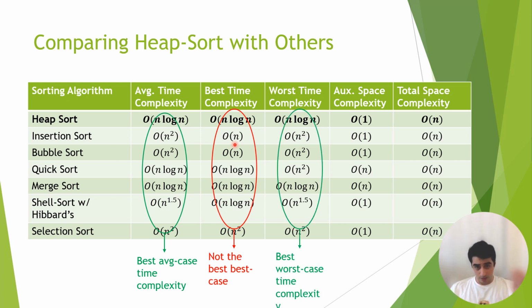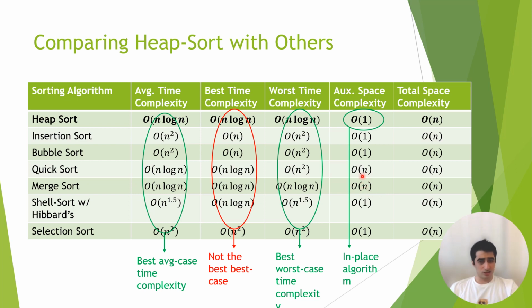If you compare the worst case scenarios, you can say heap sort along with merge sort are the best. Quick sort is not as good because its worst case scenario would be n squared. The auxiliary space complexity for heap sort is the best. Merge sort is not the best, it's order of n.